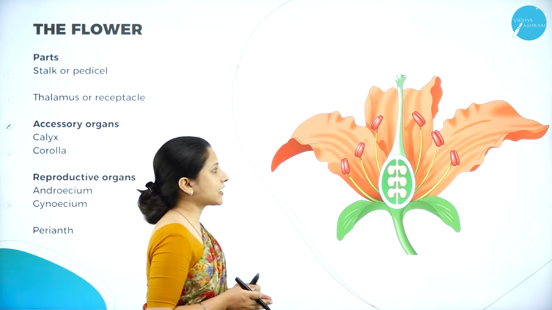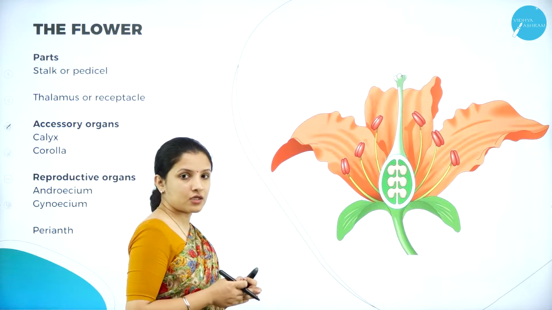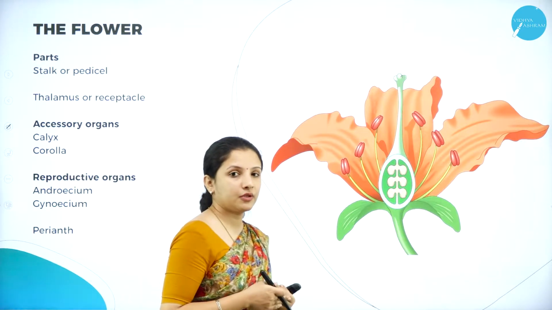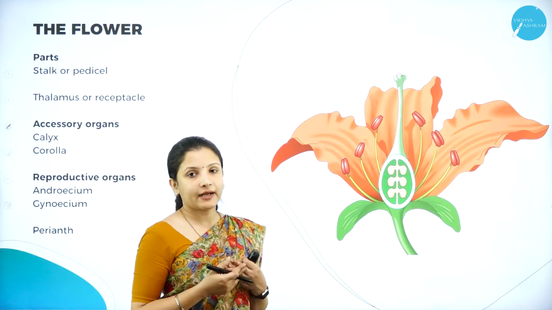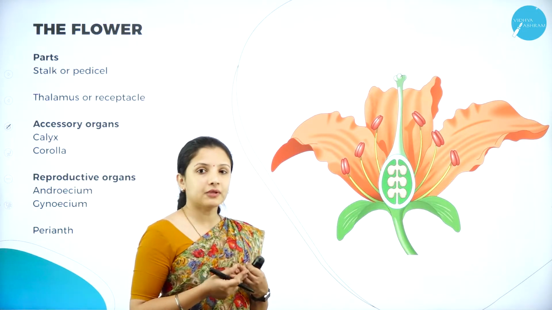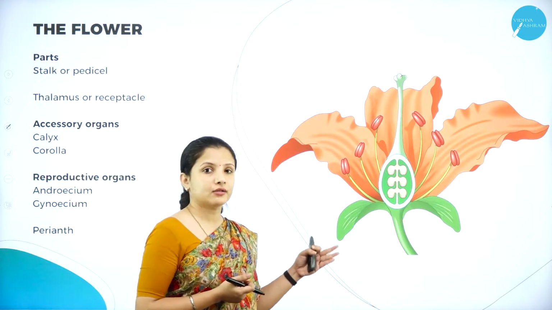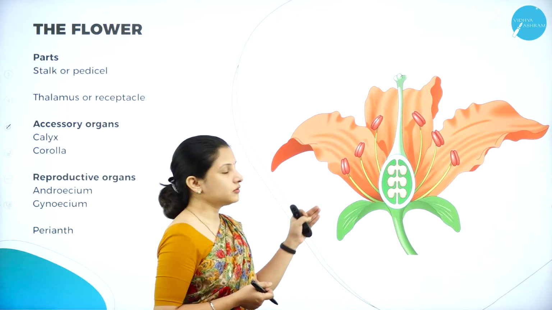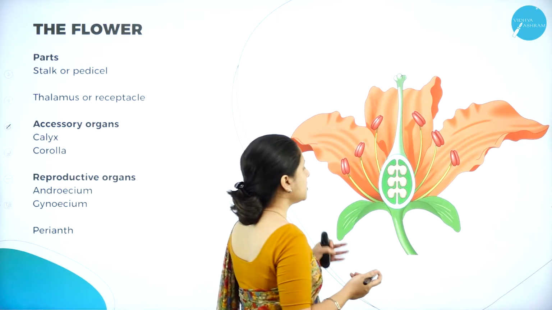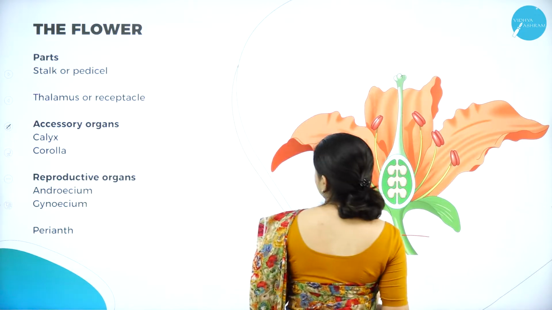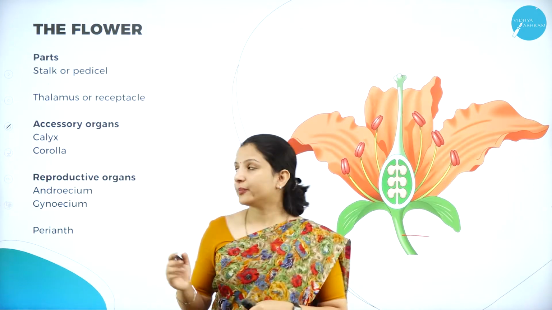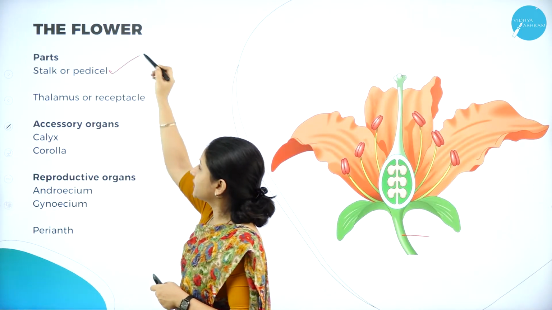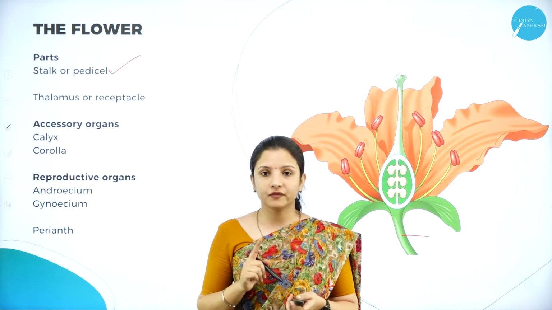So the flower is actually made up of 4 whorls. Apart from that, they can also be made up of 2 whorls or 1 whorl or 5 whorls, and it depends on the plant species, which we'll study in the coming slides. So starting with the parts of the flower. The flower has a pedicel, or the stalk of the flower.